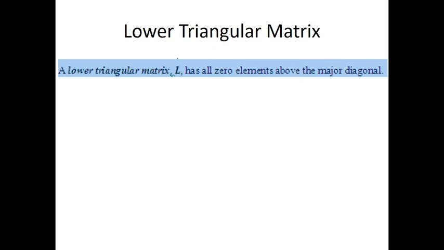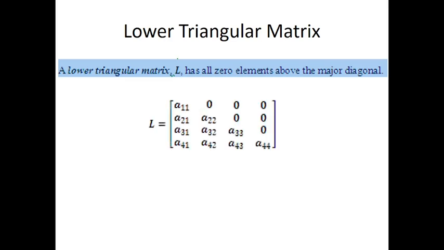For a lower triangular matrix, denoted by L, it has all 0 elements above the major diagonal. So we have the 0 elements above the major diagonal. So we can therefore say that this is a lower triangular matrix.